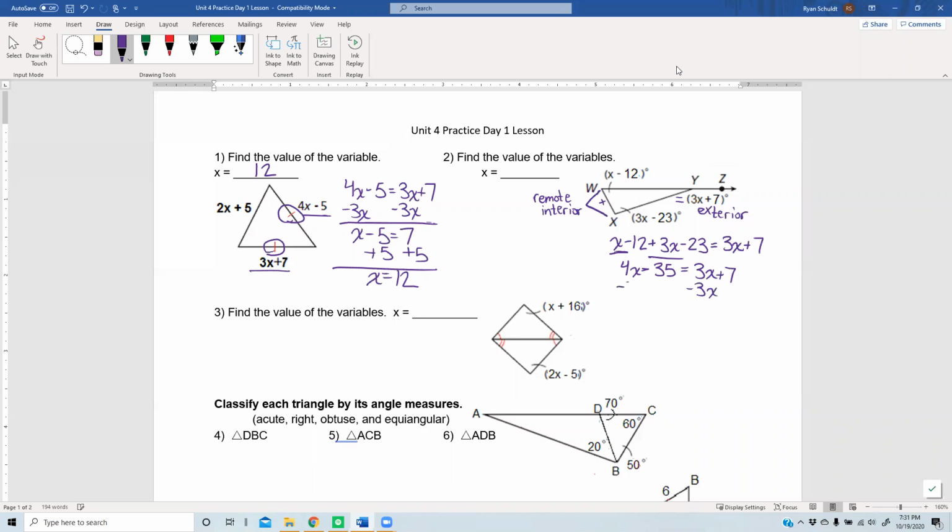Subtract your 3x. We're going to get not 7x, we're going to get 1x. 1x minus 35 equals 7. Add 35. And we get x equals 42. That's all they ask us to find is x. So we're done.